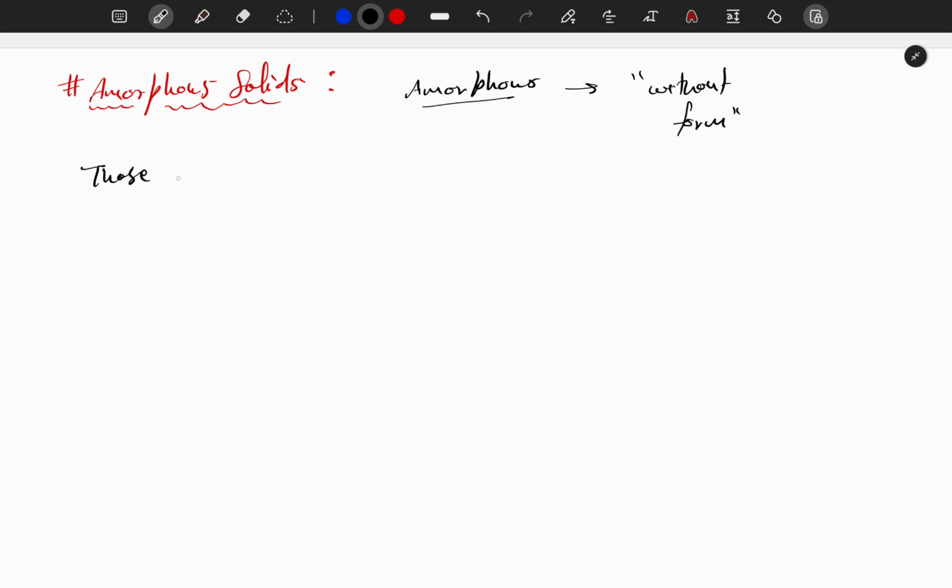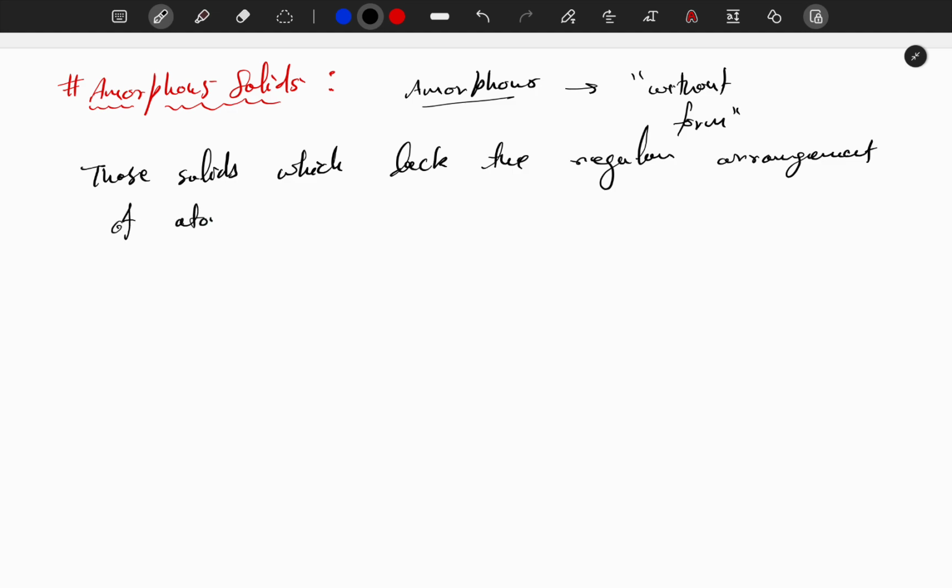Those solids which lack the regular arrangement of atoms or molecules, and hence have a short range order in their structure.